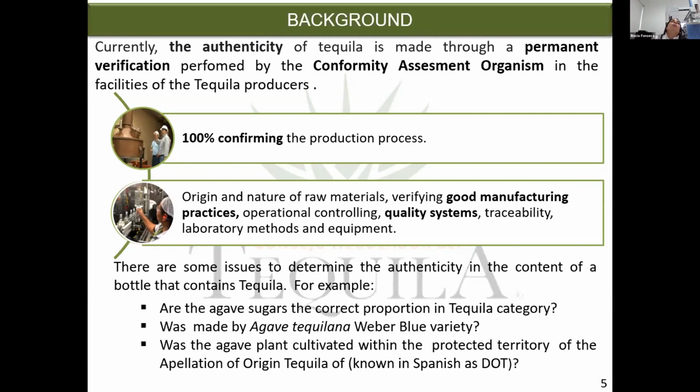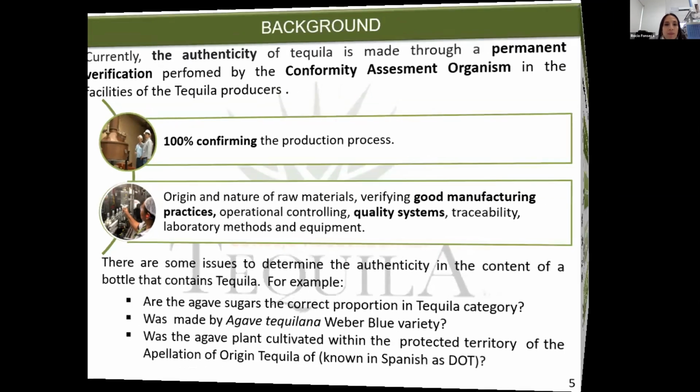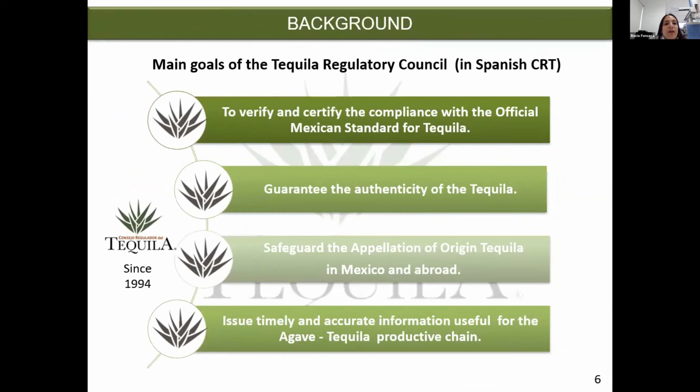Now, I want to present the main goals of the CRT. The first one is to verify and certify compliance with the official Mexican standard for tequila, guarantee the authenticity of tequila, safeguard the appellation of origin tequila in Mexico and abroad, and issue timely and accurate information useful for the agave tequila productive chain.